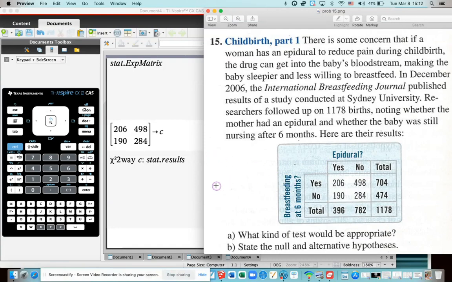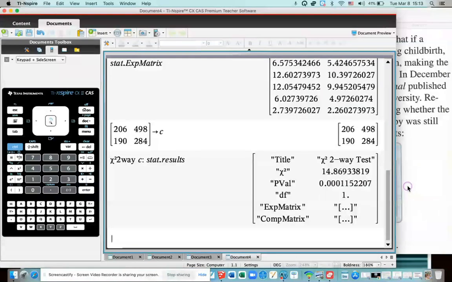So what you're supposed to do is take the rows minus 1 times the columns minus 1. So this is like 2 minus 1 is 1, and 2 minus 1 is 1. So 1 times 1 is just 1. So this has degrees of freedom of just 1. All right, so you take rows minus 1 times columns minus 1, and you get your degrees of freedom.